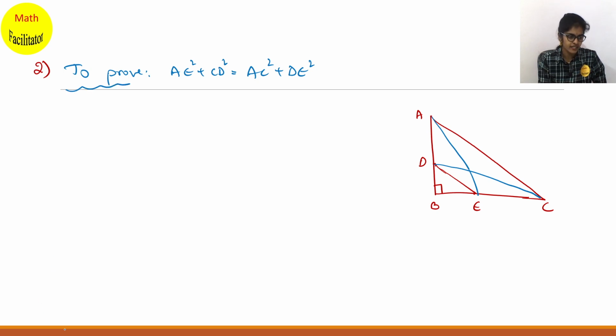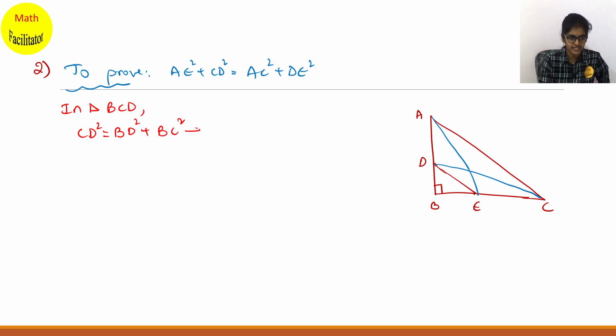So here right angle triangles are given to us. If you take triangle ABC, see how many right angle triangles you are getting. Triangle BCD is also a right angle triangle, right angle at B. So CD square is equal to, hypotenuse square is equal to BD square plus BC square.